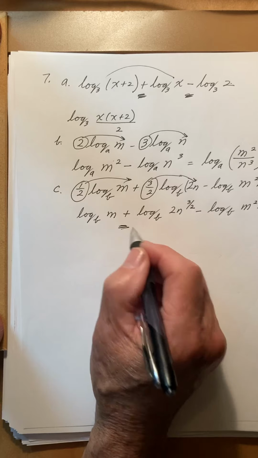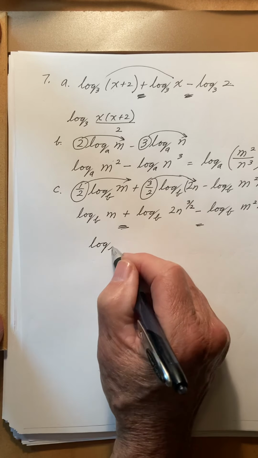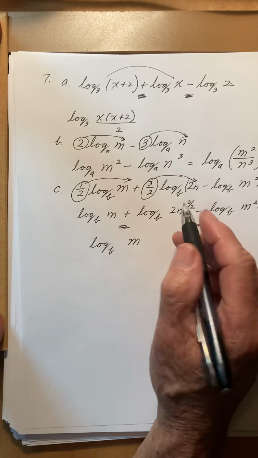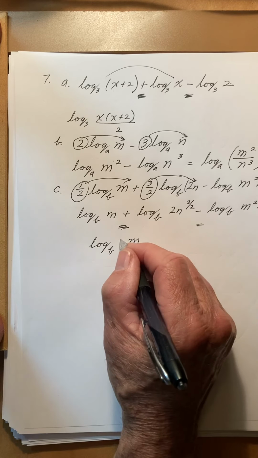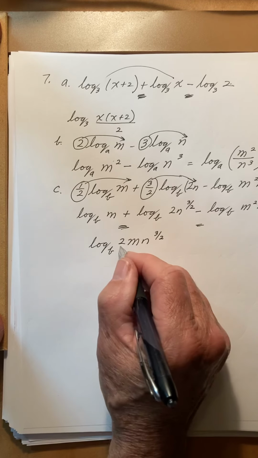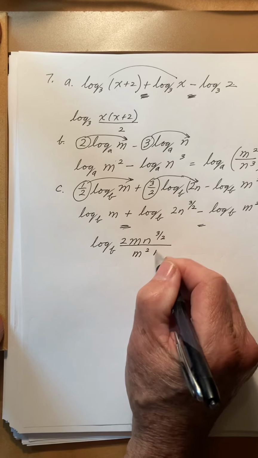So here we have a plus and here we have a minus. So that's log base b of m times 2n to the 3 over 2, over m squared n.